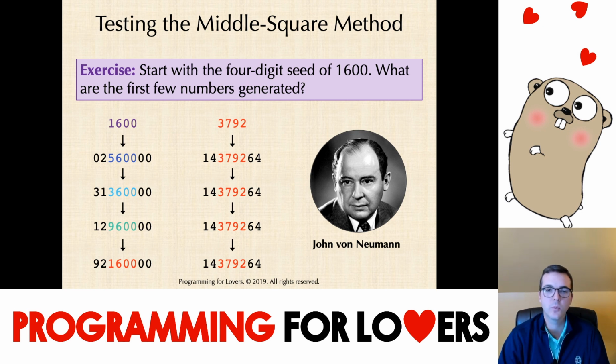So I said 0 was one where we just keep hitting 0, but 3792, if we square that, we get 14,379,264, which happens to have 3792 as the middle four digits. So we would never actually generate any new numbers. And then you think about, well, there's even more to this, because I wouldn't mind to generate numbers that I've seen already. That's not necessarily a bad thing.